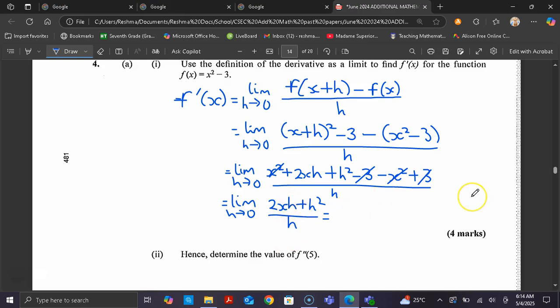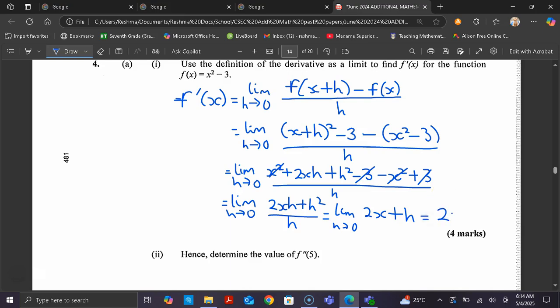So we end up with 2xh divided by h, which is 2x, and h squared divided by h, which is just h. Now, the limit of this expression as h tends to 0: if I substitute 0 for h, then I'll just end up with 2x.